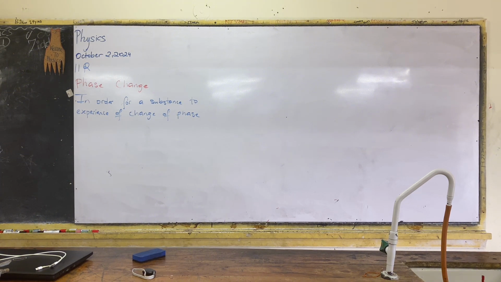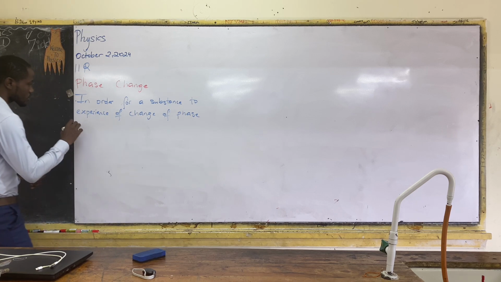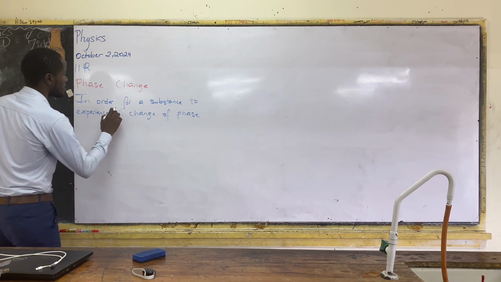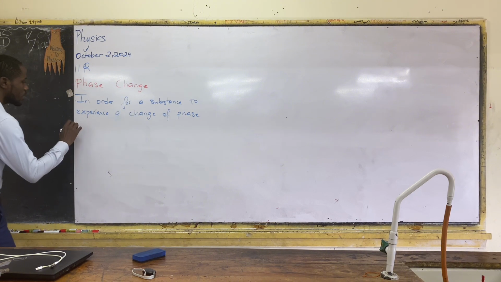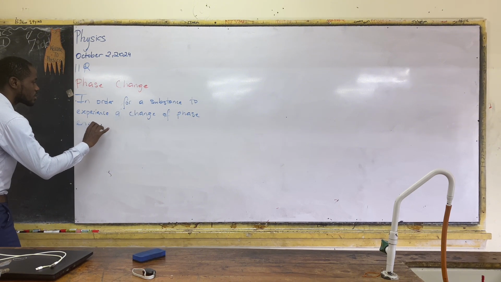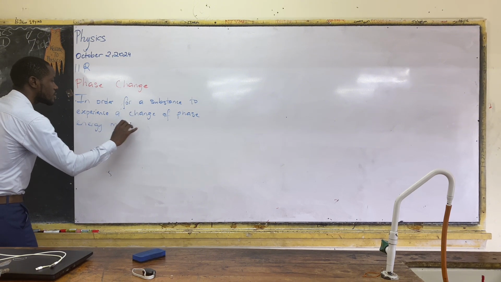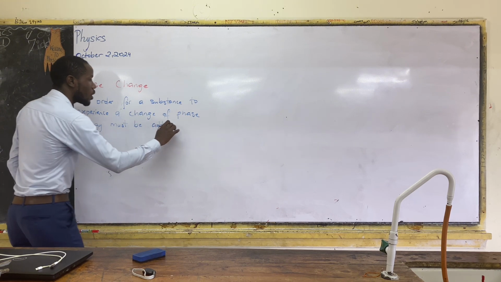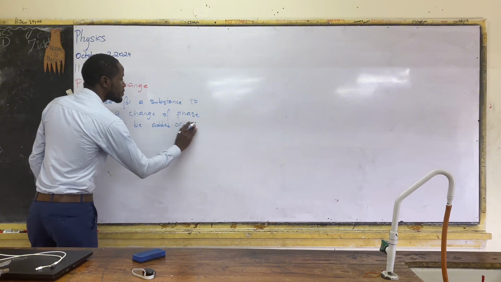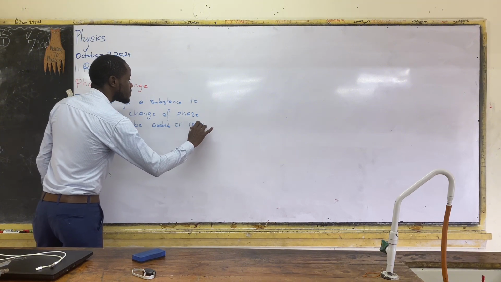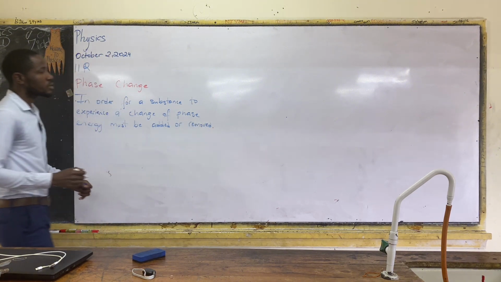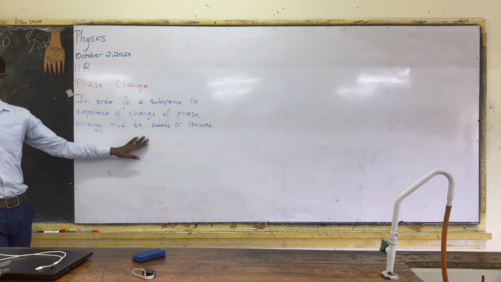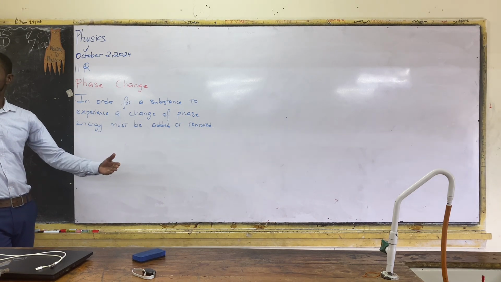So in order for a substance to experience a change of phase, energy must be added or removed. All right? So if we want to change, let us say, from liquid to gas, we have to apply heat.